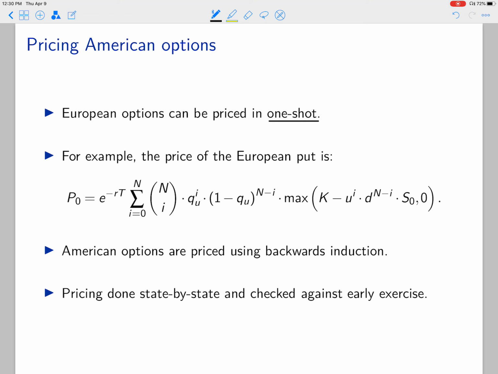For example, let's look at the European put price formula. The European put price formula, P0, is given by the following equation. First, we know it comes from the FTAP.